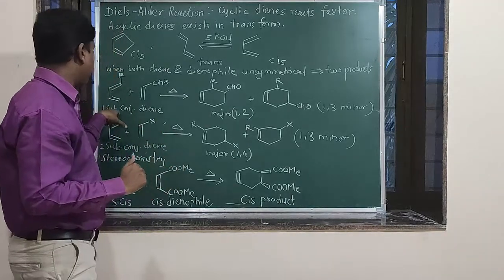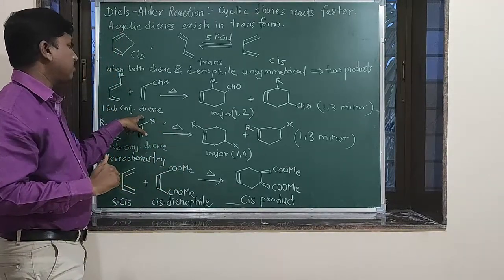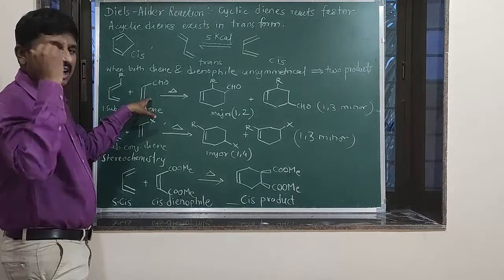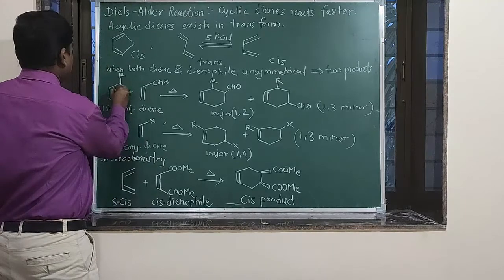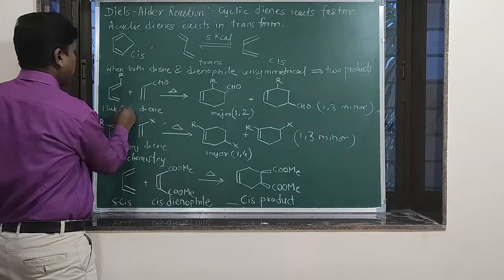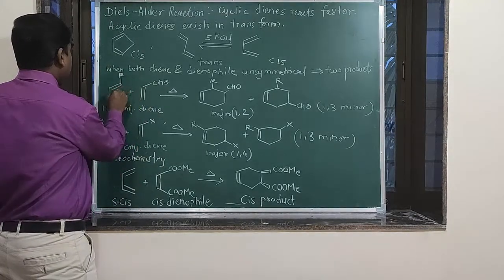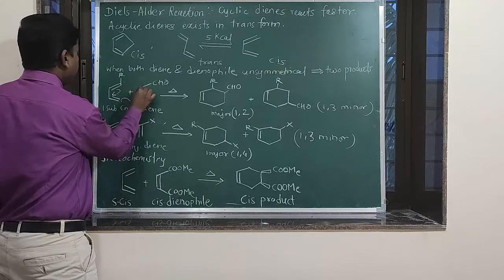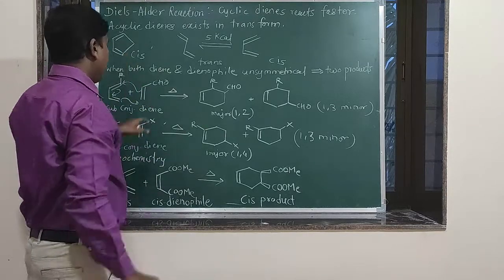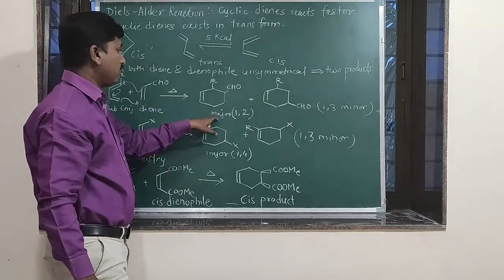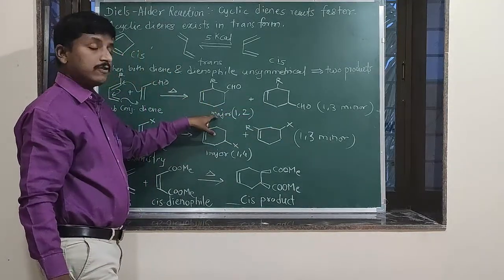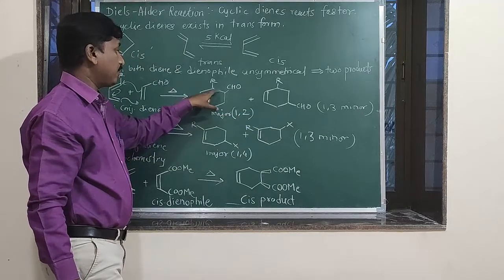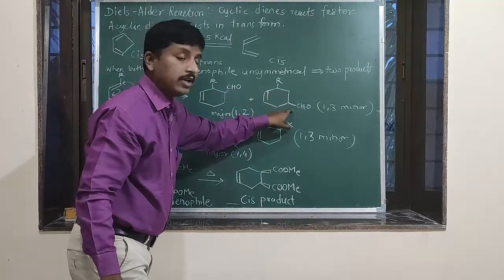Let us see an example. This is a substituted conjugated diene, and this is acrylaldehyde. So this is the diene and this is the dienophile. This carbon is shifted here, this carbon is shifted here. The Diels-Alder reaction takes place, and two products are formed, 1,2 and 1,3, out of which the 1,2 product is the major and 1,3 is the minor.